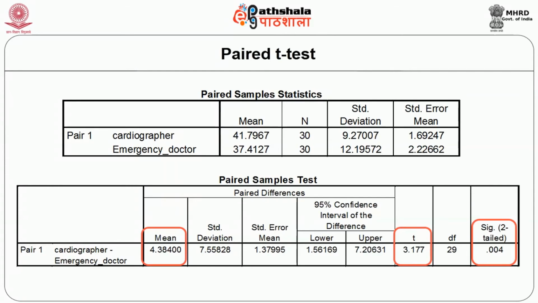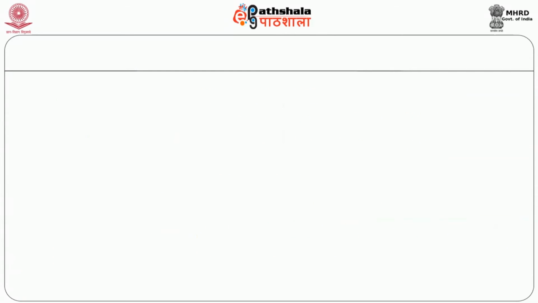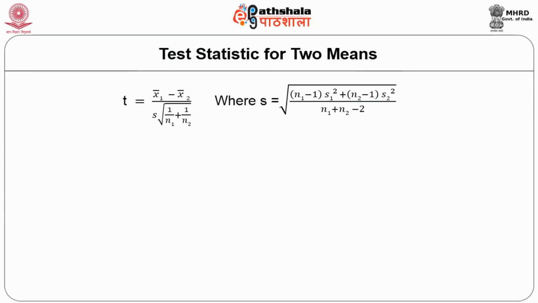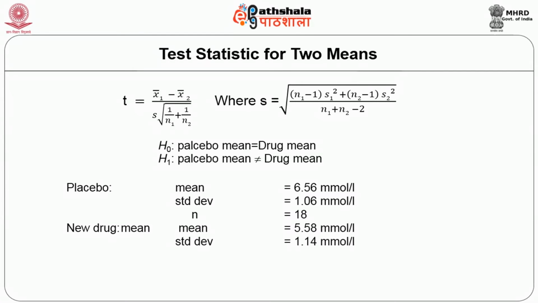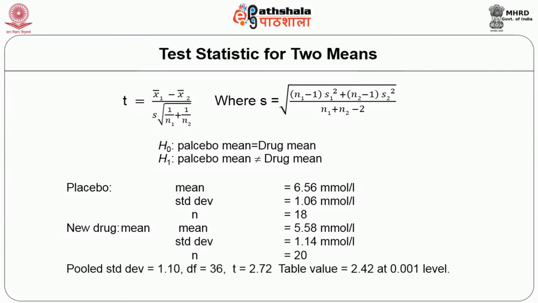The other test which we are discussing is the third test, which we call the 2 sample mean test or 2 independent sample test, where you as a researcher conduct an experiment on one group, control or placebo, and another group, take the mean and SDs of both the groups and see whether the means are statistically significant or not.